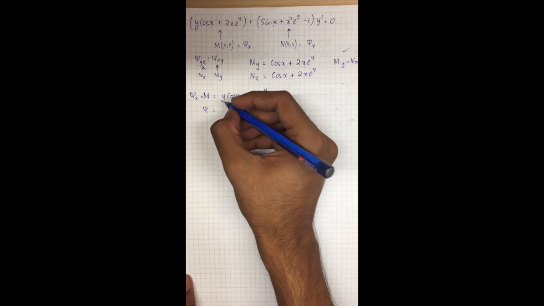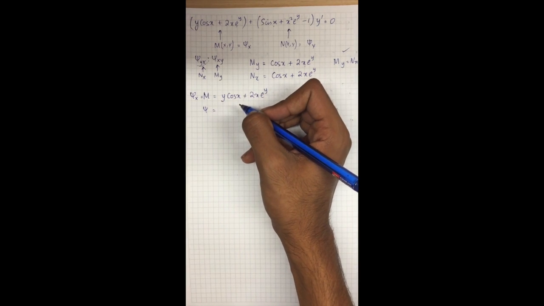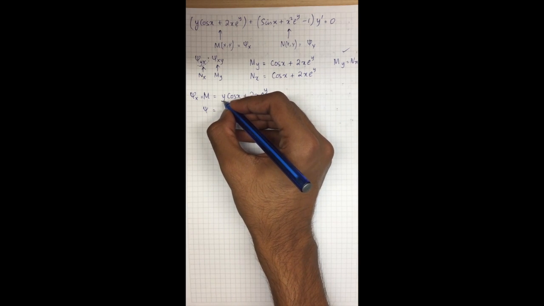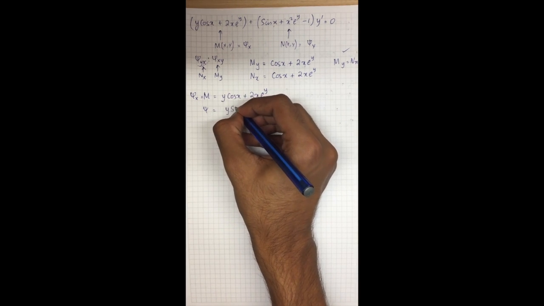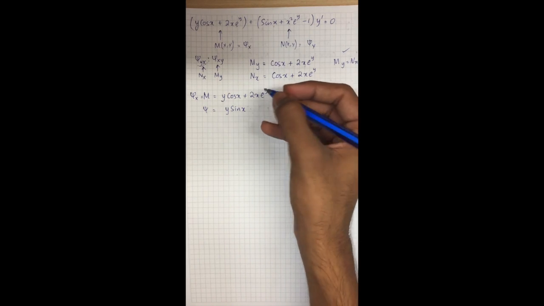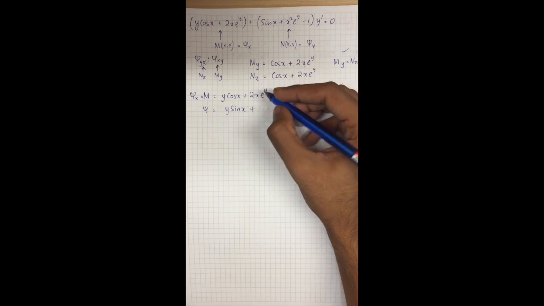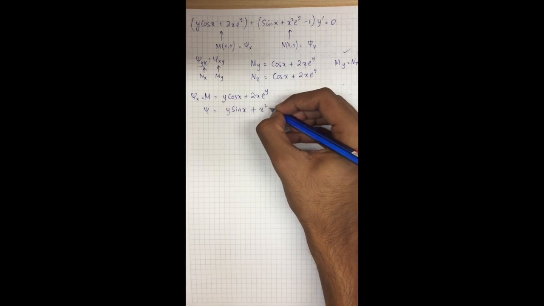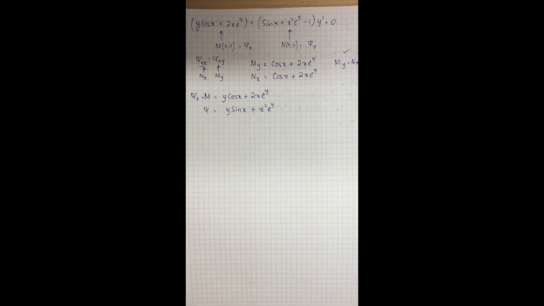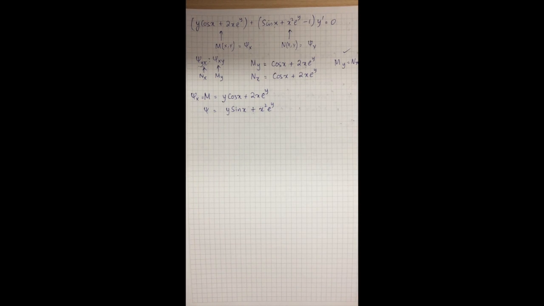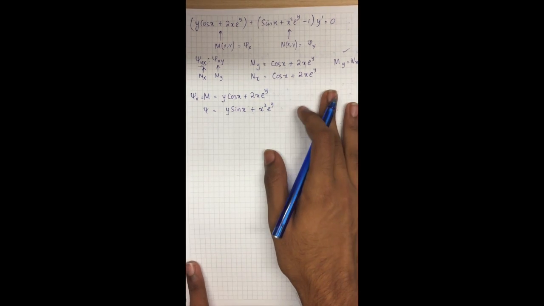So to get psi, I'm going to integrate this. Cos x becomes sin x and y stays as it is. So my first term is y sin x, plus my e to the y stays, and I'll be integrating 2x, which would give me x squared. So I'll get x squared times e to the y. And over here, I'm going to go with a slightly different approach of not integrating the other term.